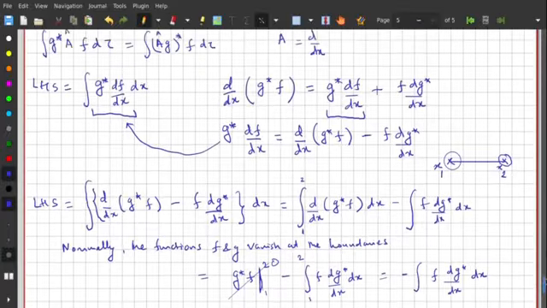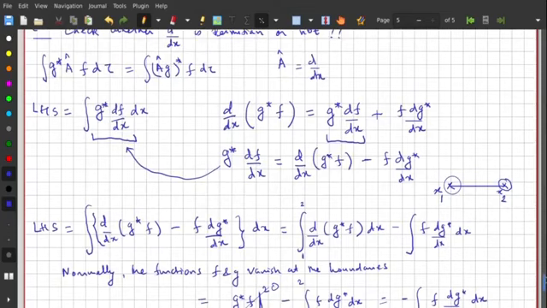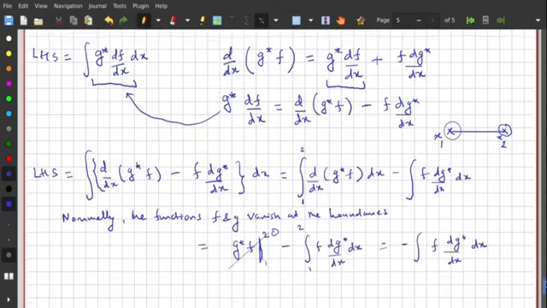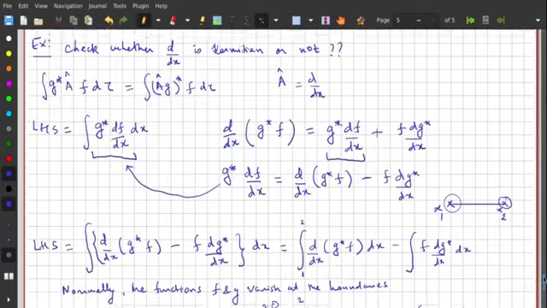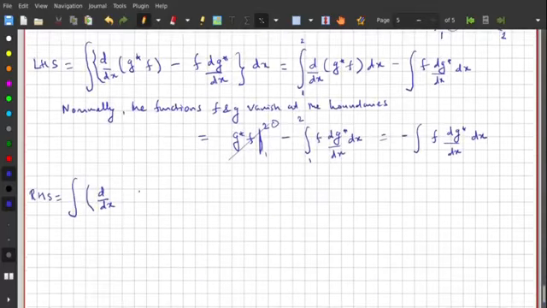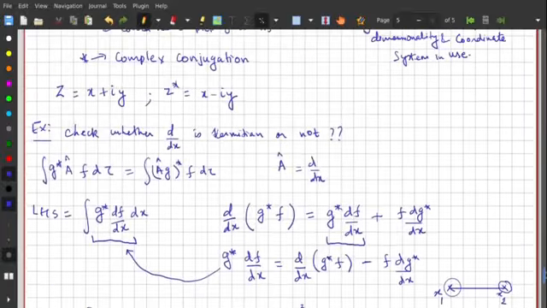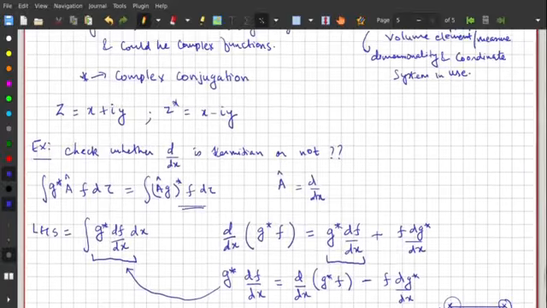Let's write down the right hand side. The right hand side, if you see, is the integral of the operator, which is ddx, acting on g star, times f dx. This is the right hand side, where we are using one dimension, so d tau is dx.